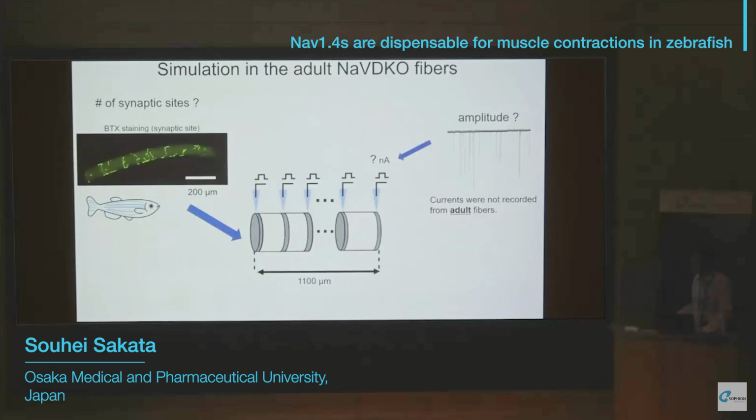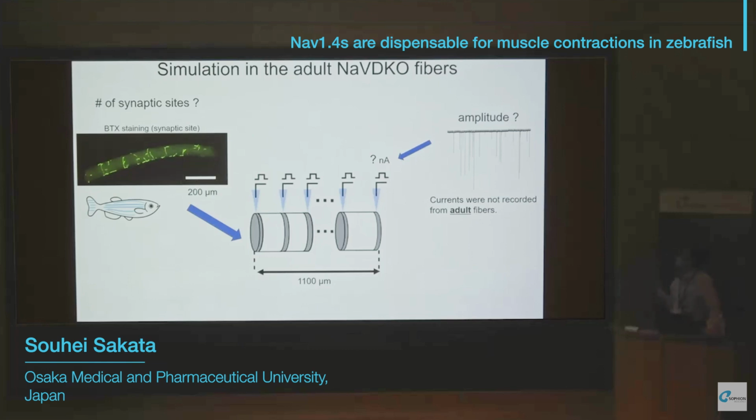To test this hypothesis, we performed a simulation. For the simulation, we need the number of synaptic sites and the amplitude of the input currents. But unfortunately, we are not able to count the number of synaptic sites per fiber. As you can see, the synaptic sites were labeled as lines, not dots, so we cannot count the number.